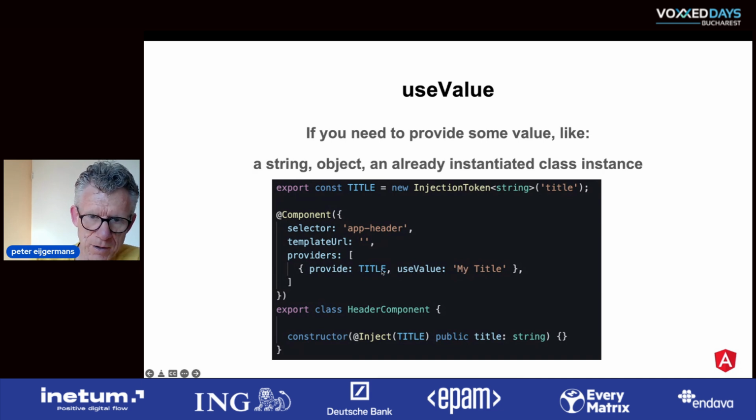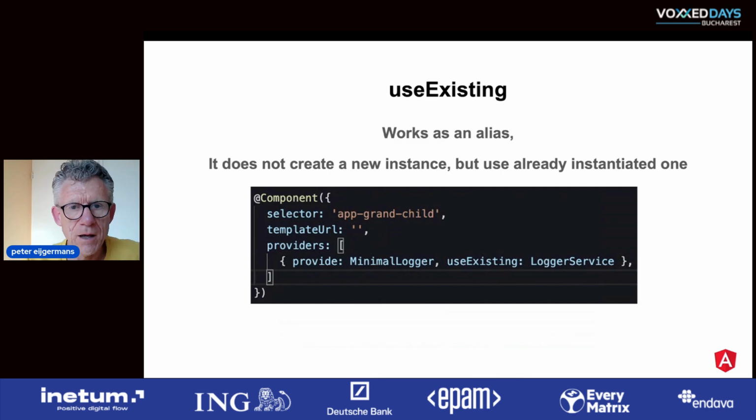Here we pass in the value my title into this injector, and here we can inject the title in this constructor. Use existing is a kind of an alias. We use here an already existing instance of a LazyService. That's what you can do also.